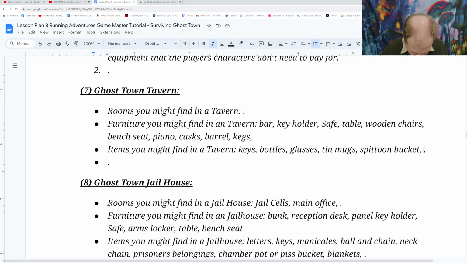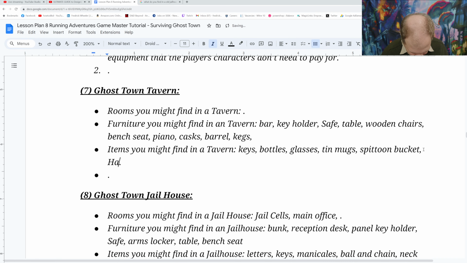Yes, harpsichord. Okay, we've got harpsichord. The mirror. Yes, a mirror, for breaking the bottles and mugs. Yeah, exactly. Large mirror. Probably a thing.